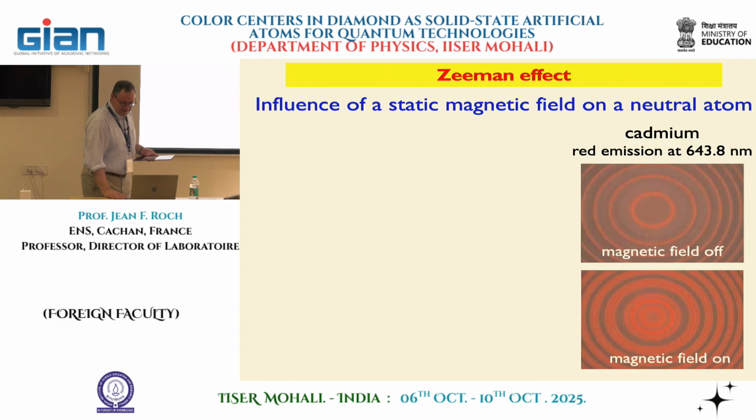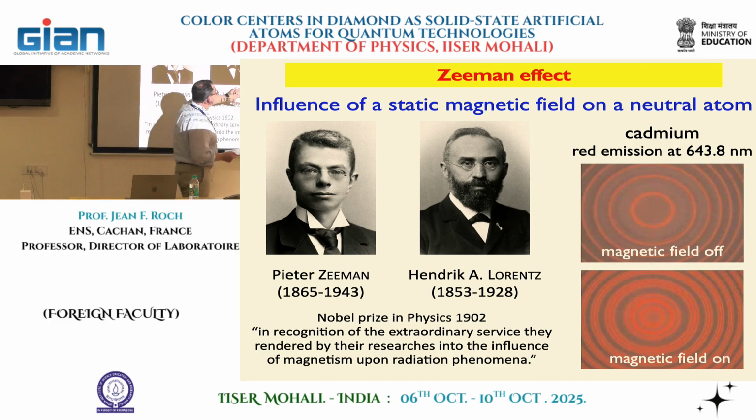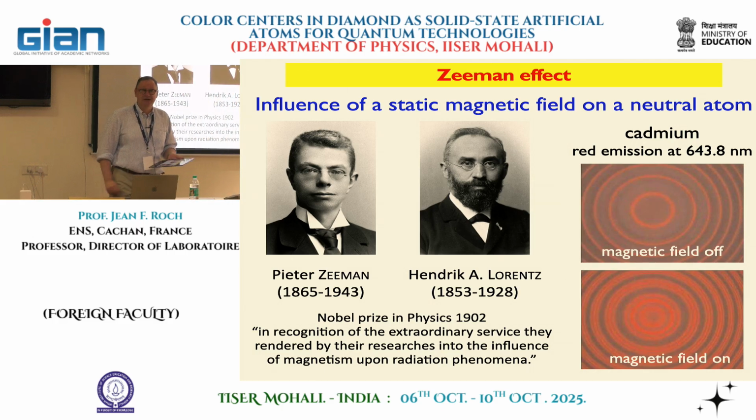But okay, let's start with a quick reminder. Many of the applications of NV centers will be based on the Zeeman effect. The Zeeman effect is the influence of a static magnetic field on a neutral atom, and it was discovered in the very first years of the 20th century by a Dutch professor, Peter Zeeman, in Amsterdam, who observed the emission of, for instance, cadmium.